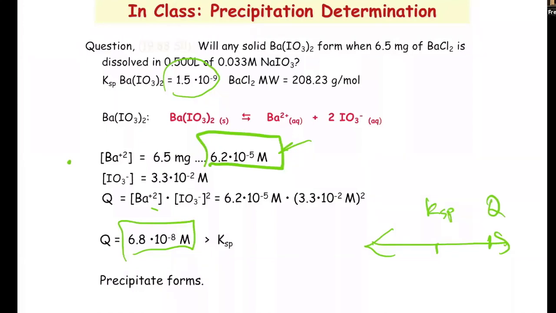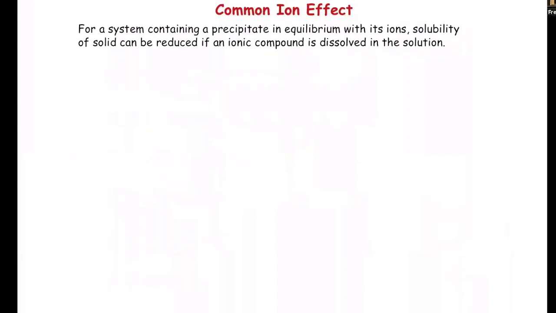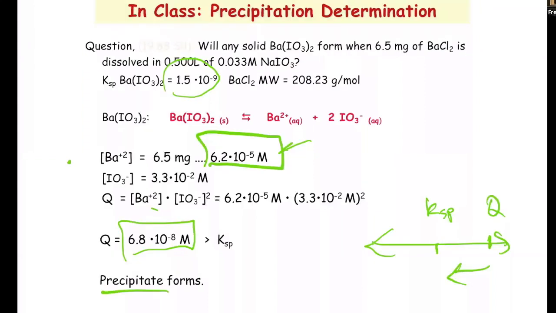Q is 6.8 times 10 to the minus 8. So the reaction is going to form a precipitate. Okay, the reaction is going to go in the reverse direction because Q is bigger than the KSP, and a precipitate forms. So that's how you would solve that problem.